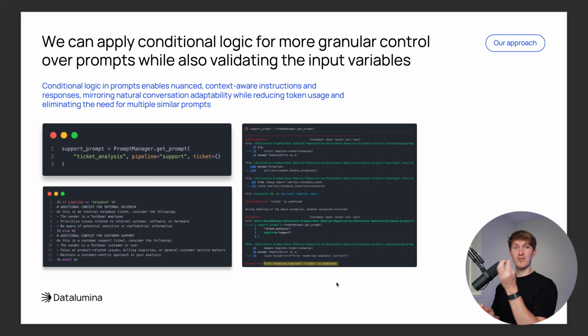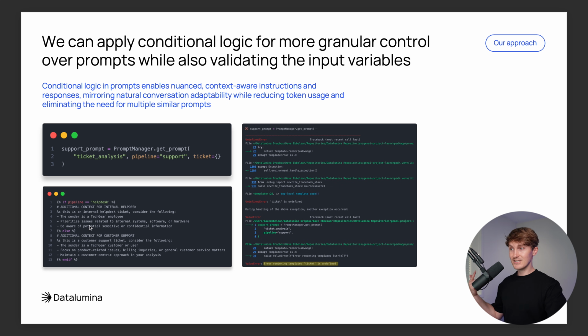Which you can probably also do with other approaches, but everything together: having separate files within your project with Jinja, so these are prompts, having a separate location, having input validation and control, and then also being able to apply this conditional logic while not being tied to a specific ecosystem or framework, like for example LangChain or LlamaIndex, or even LangFuse with the whole CMS system, gives us the flexibility and control that we need to work on a variety of projects and serve a whole bunch of different clients while maintaining a systematic approach.